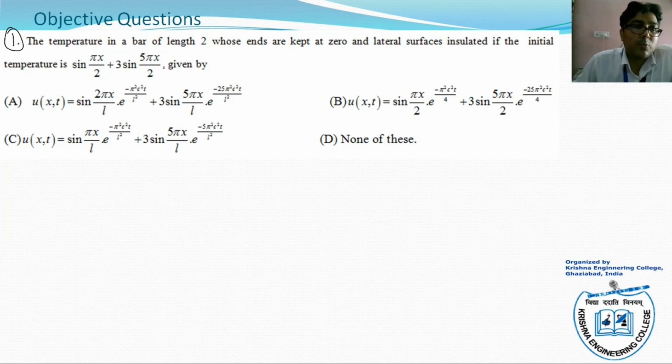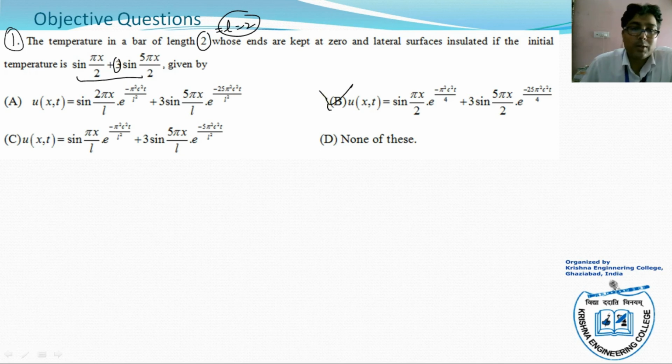These are the objective problems. The temperature in a bar of length L is 2. Ends are kept at 0, lateral surface insulated, if the initial temperature is this. The problem is similar, but here the constant is 3. So the solution of this equation is sine pi x by 2 times e to the power minus pi square c square t by 4 plus 3 sine.